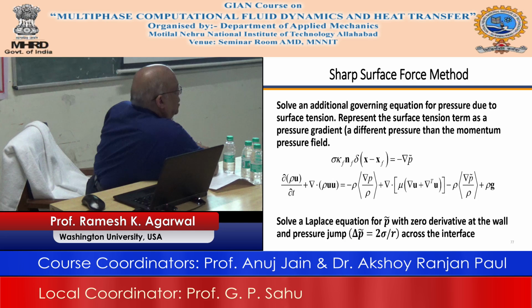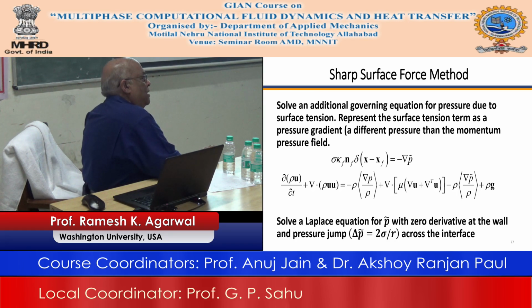You may argue why a pressure gradient, why not something else, but this is the best way to treat it, because the numerical formulation of the pressure gradient is the easiest in the entire momentum equation to deal with. So let us consider P dot. Now this is an artificial pressure gradient, by the way. This P dot has nothing to do with the actual hydrostatic pressure.